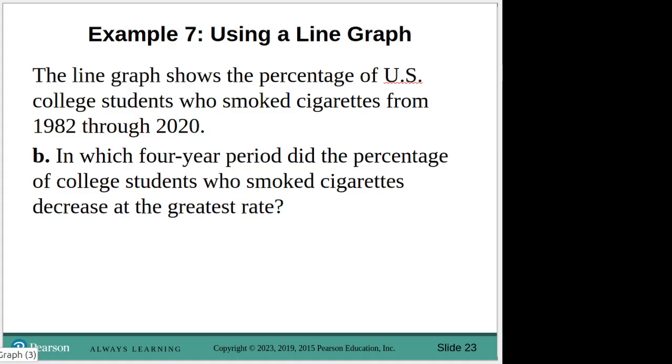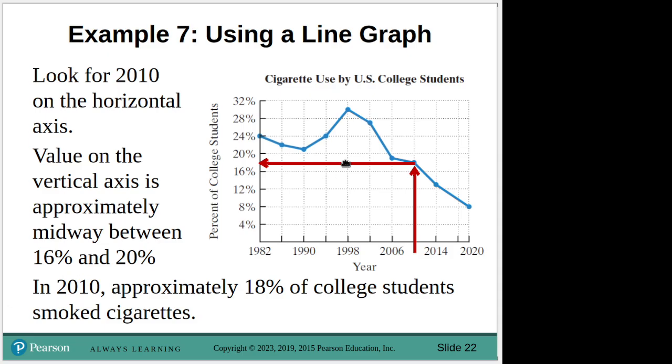We want to look at what year did it decrease at the greatest rate. So we look at the place where it drops the greatest. And if we look here, between 2010 and 2006, or not 2010, 1990, 2000, let's see, add 4, 2002 and 2006.